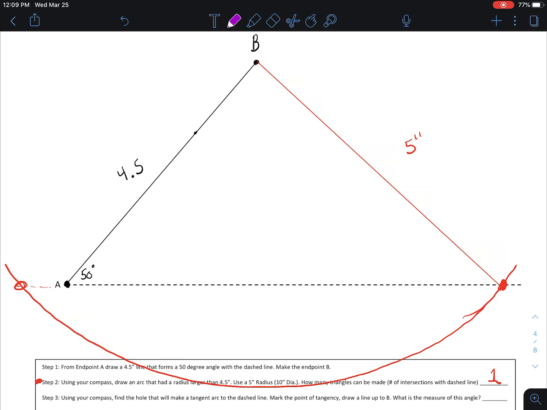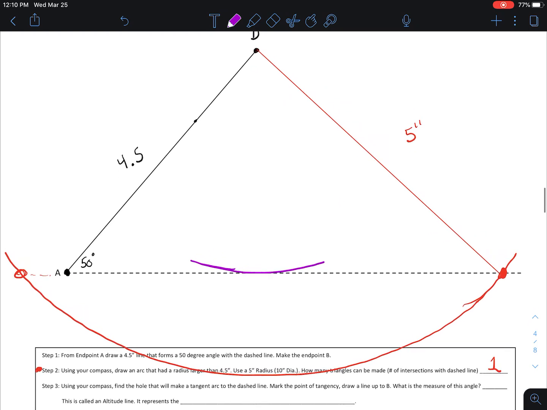That would just barely skim it. And it looks like it'd be that arc right there, my tangent part of the arc.